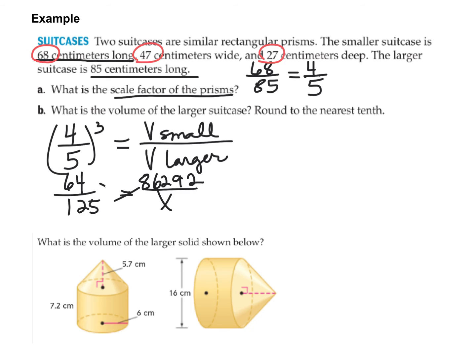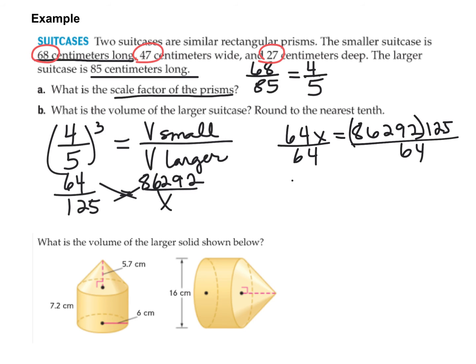Now we cross multiply: 64x is 86292 times 125, and then we divide by 64. So the volume of the larger suitcase is 168,539.063 centimeters cubed.